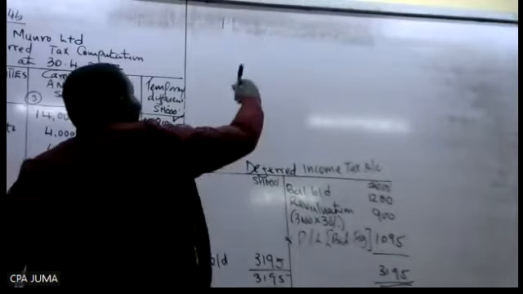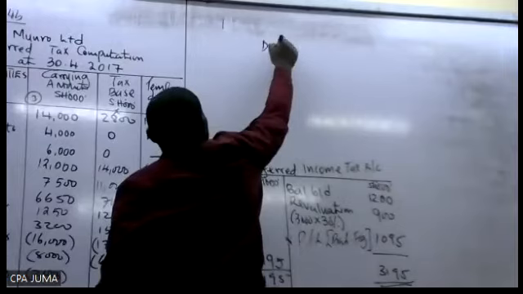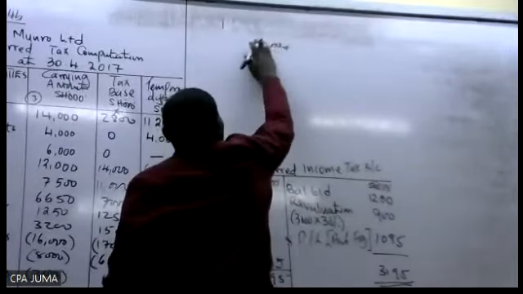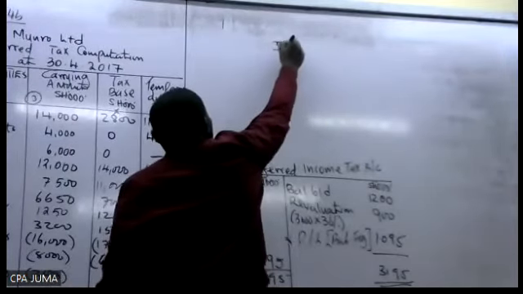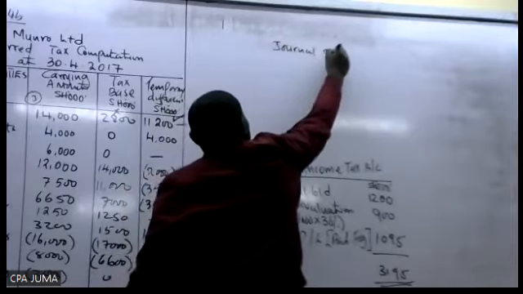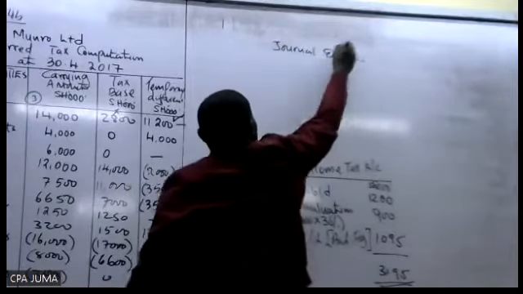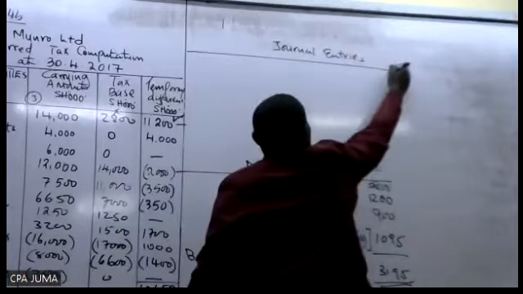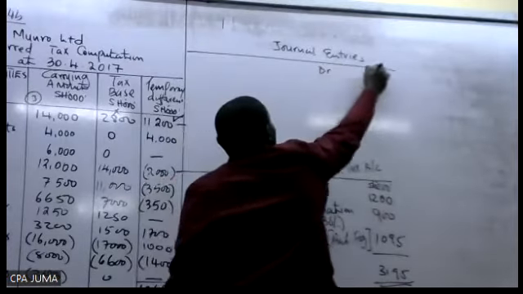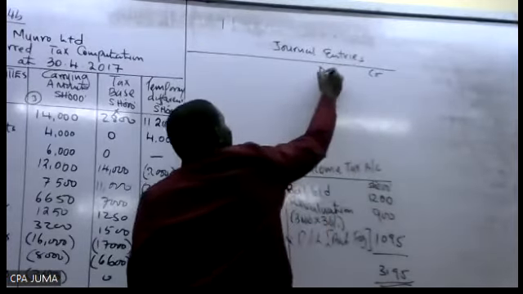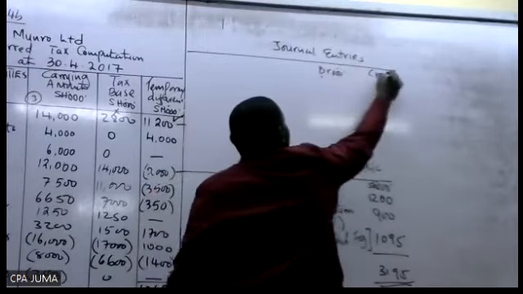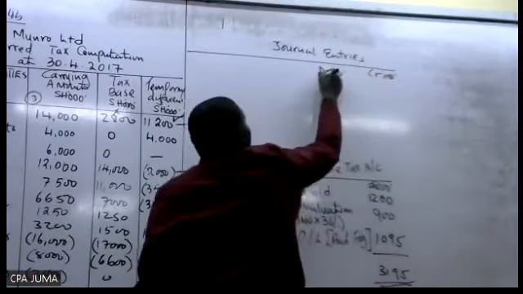So deferred tax account. Journal entries. If they require you to pass the journals, then this is what you will be doing. Any moment you have journals, you are simply being asked which accounts to credit and which one to debit. That is how you arrange your journals.